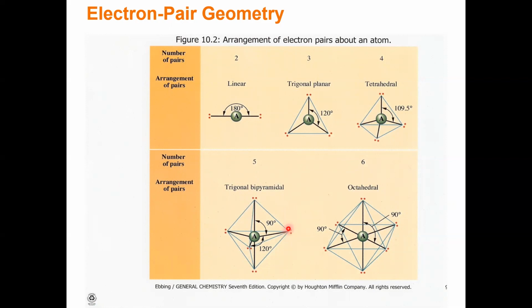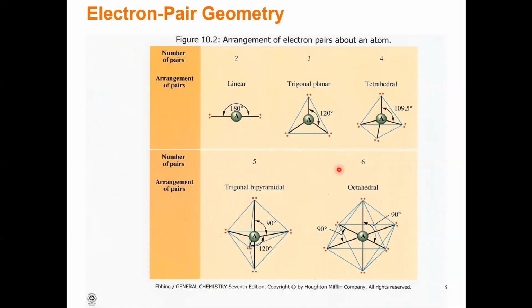Along one plane in the center, we have 3 of our electron domains, and then right on top and right on bottom, we have the other 2. Along each of these, we form a 3-sided pyramid on top, and the same thing, a 3-sided pyramid on bottom. Therefore, we call it trigonal bipyramidal.